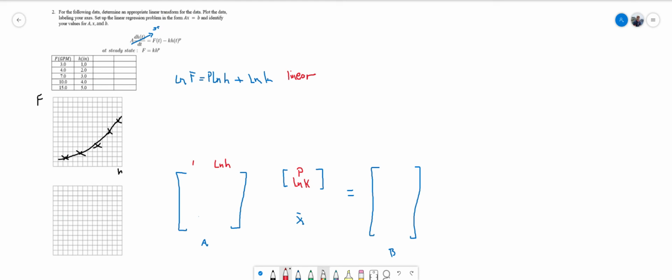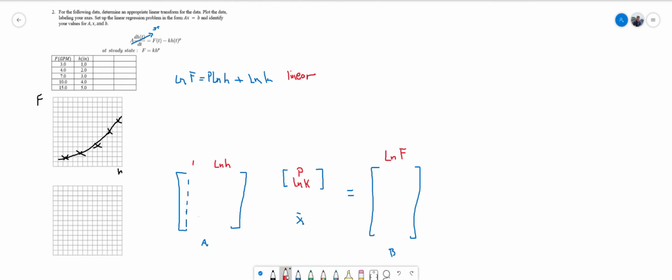And so really for each data point that I have, I'll just put 1s, for data points 1, 2, 3, 4, 5. And then what I need to do is calculate the natural log of h. And then for my B matrix over here, I'm going to have what's on the other side of the equation, just simply the natural log of f.